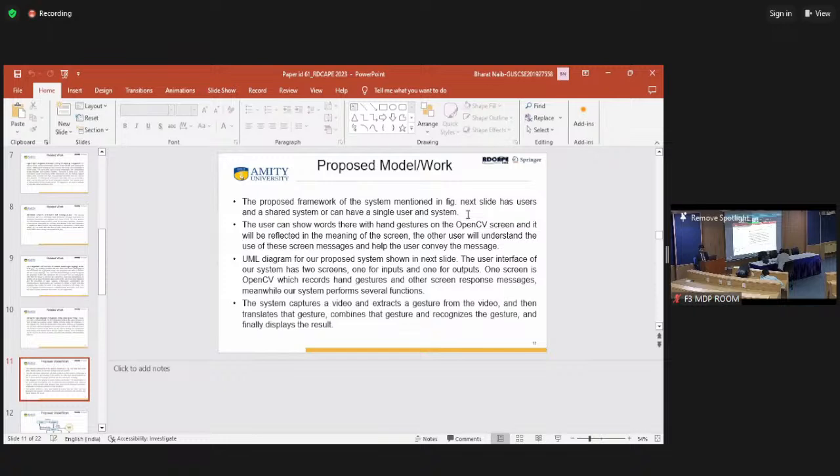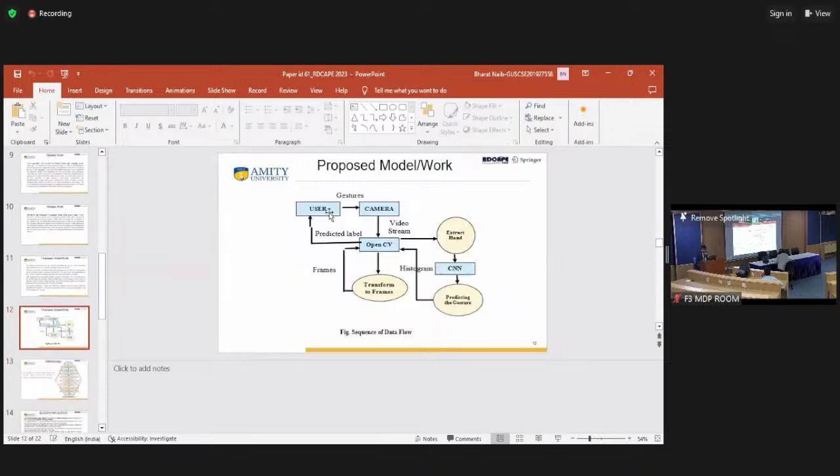Okay, this is our proposed model or work. We have used UML diagrams also, which are depicted in the next slide. Then this is the proposed architecture of our work.